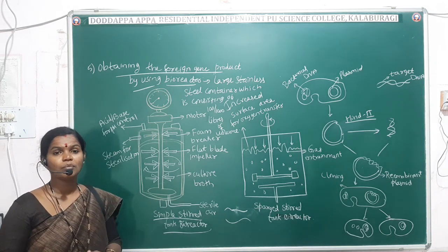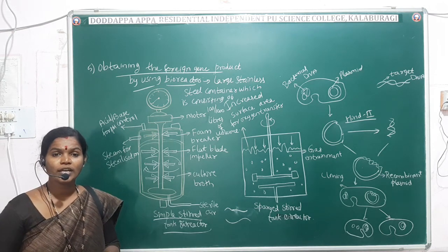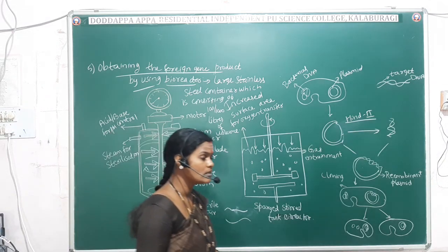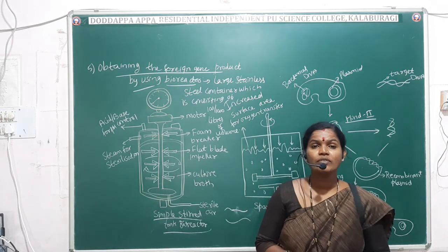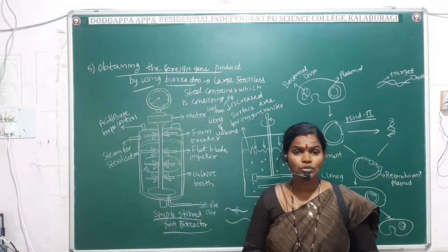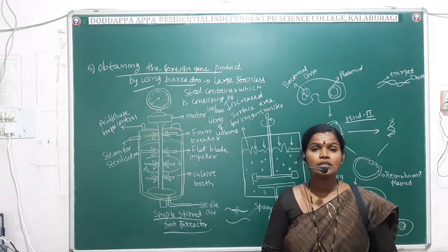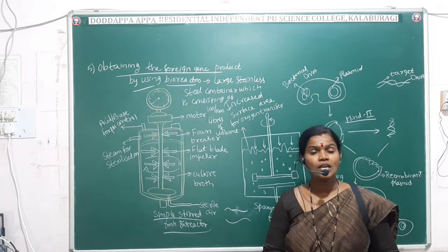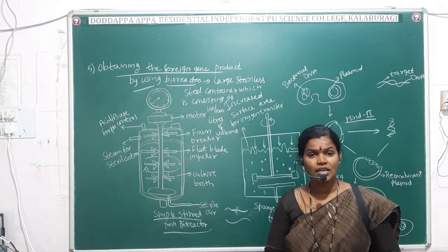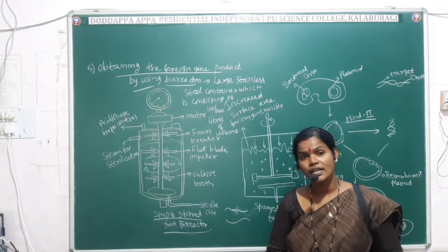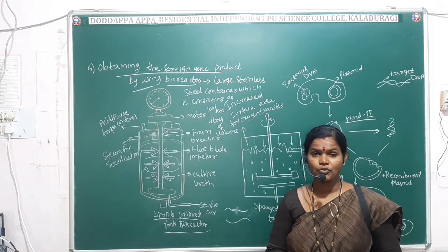Once again I'll repeat, concentrate here. Bioreactors are large stainless steel containers of 100 to 1000 liters in volume. This bioreactor is used to synthesize primary metabolites, secondary metabolites, and organic acids on a larger scale. Understood?